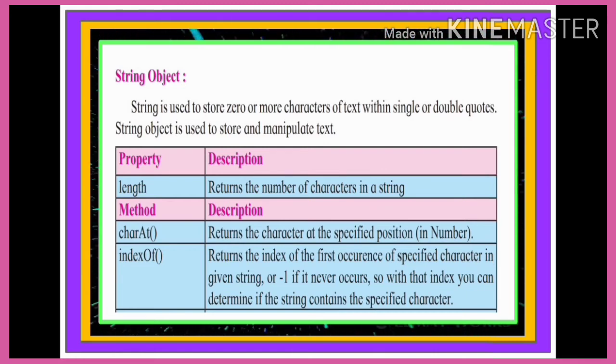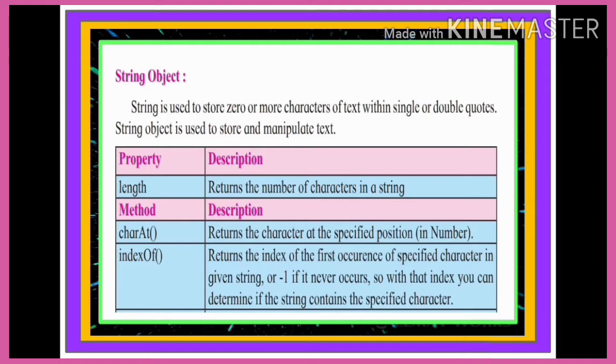It returns the index of the first occurrence of specified character in given string, or it returns -1 if it never occurs. So with that index you can determine if the string contains the specified character. So indexOf method returns the first occurrence of the entered character.